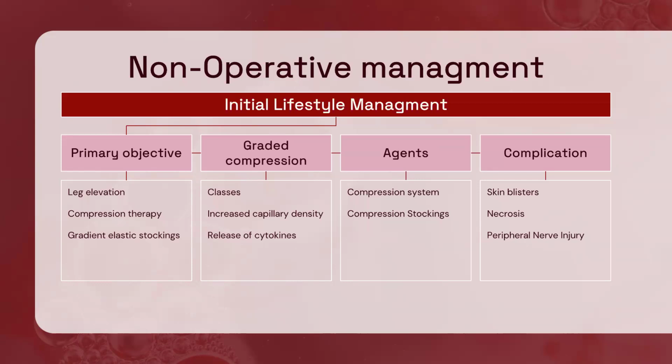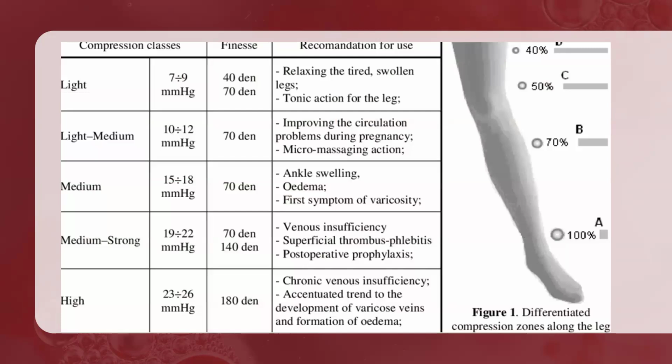So these are the compression classes with the recommendation of use: light, medium, strong, and high. Medium, strong, and high are the ones which we commonly prefer for chronic venous insufficiency, and post-op prophylaxis after the procedures have been done. And herein the finesse is the fit of the compression stockings which are used.